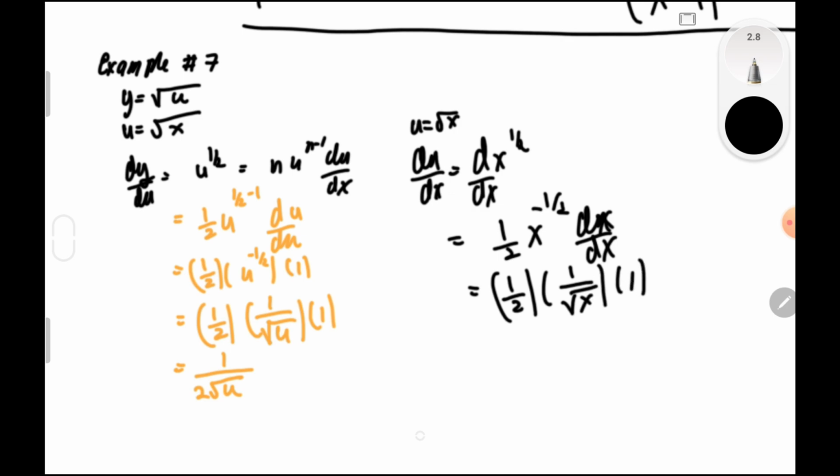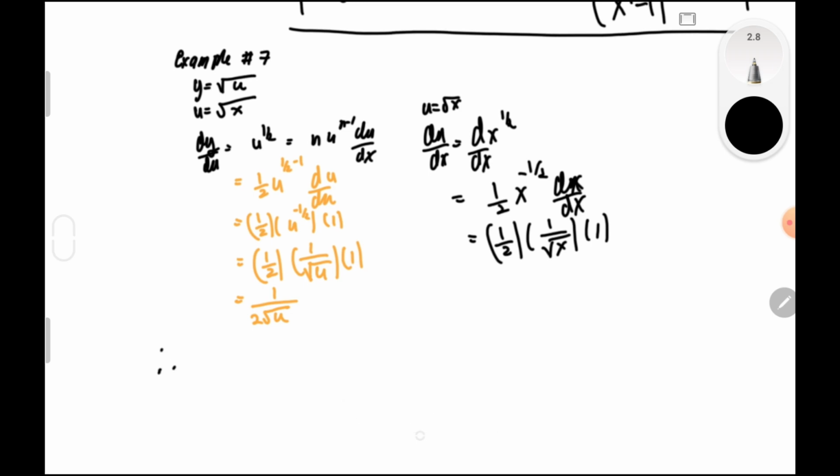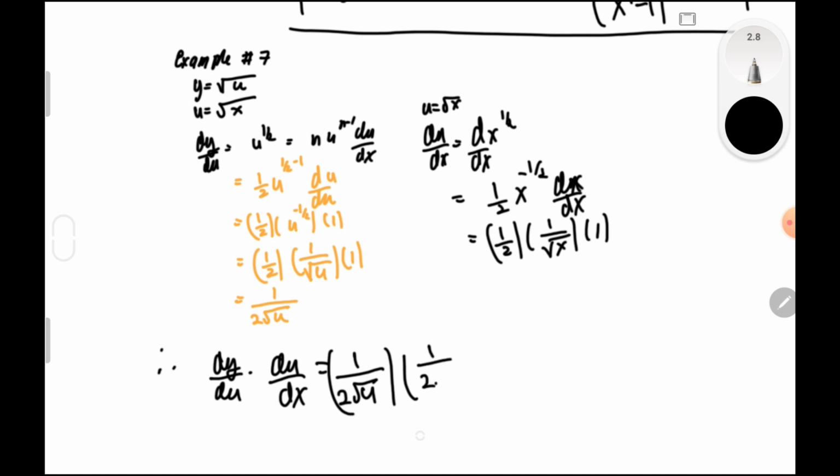So from here we'll have a value equal to dy over du multiplied by du over dx, which is equal to 1 over 2 square root of u multiplied by du over dx, which is 1/2 multiplied by square root of x.